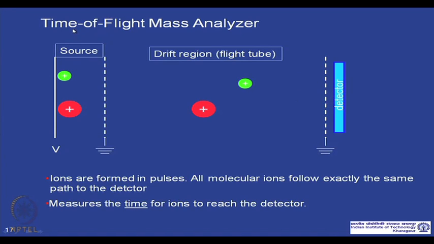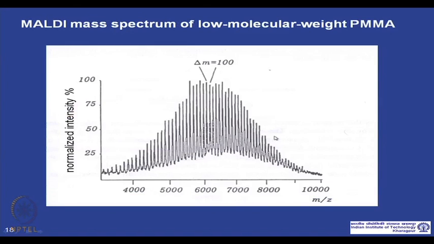In the case of time of flight mass analyzer, all the molecular ions follow exactly the same path to the detector, and the detector only measures the time which the ions take to reach it. The heavier ions take more time to reach the detector, whereas lighter ions obviously take less time and move faster to the detector.